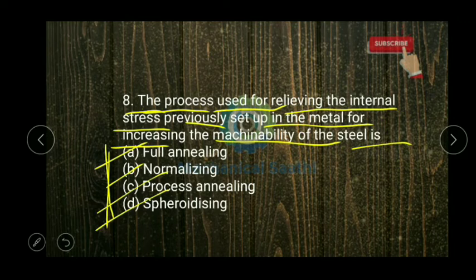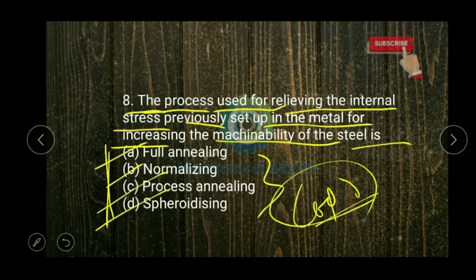We need to carry out these heat treatment processes after any material or metal goes through different cold working processes. When any metal goes through a cold working process, it carries some internal stresses with it.